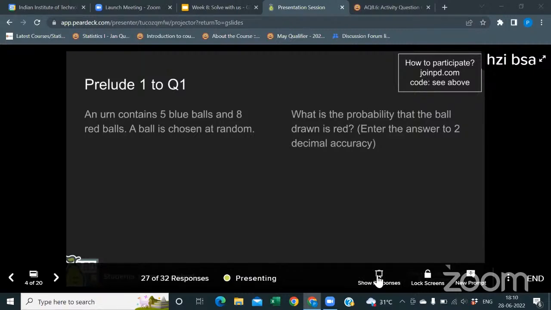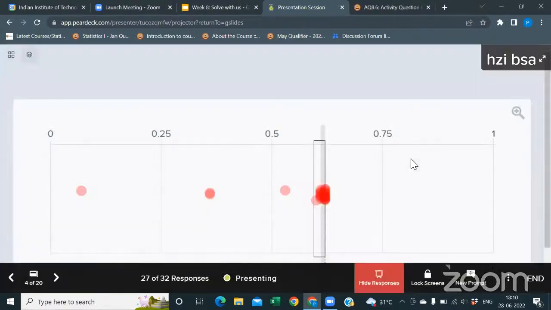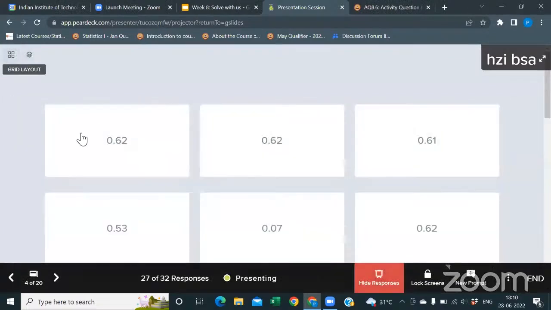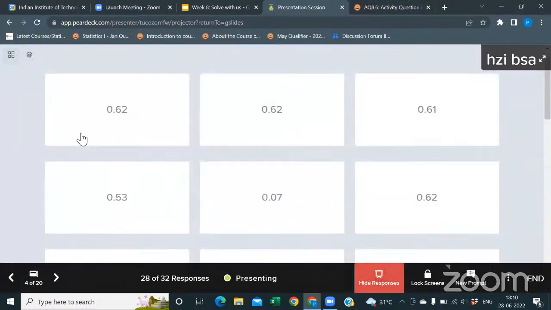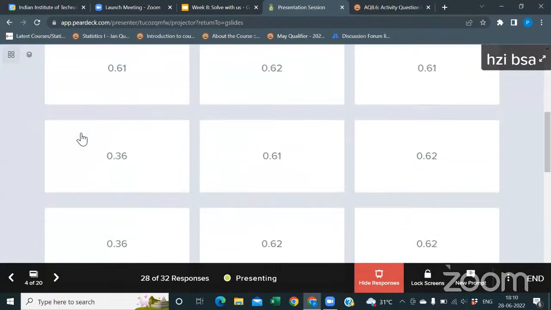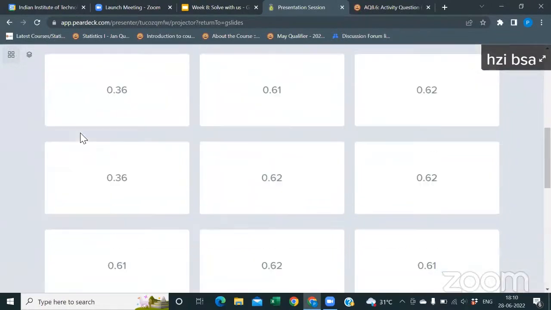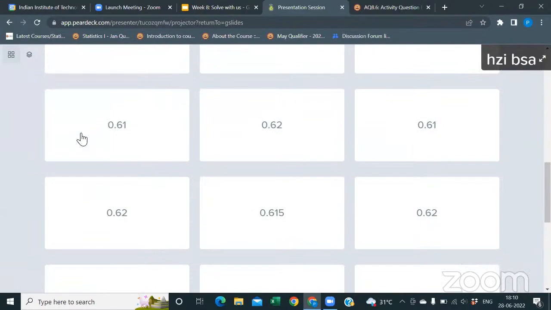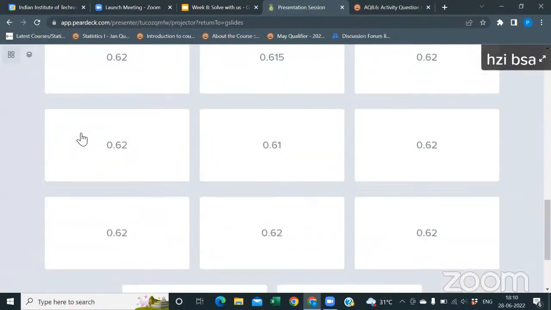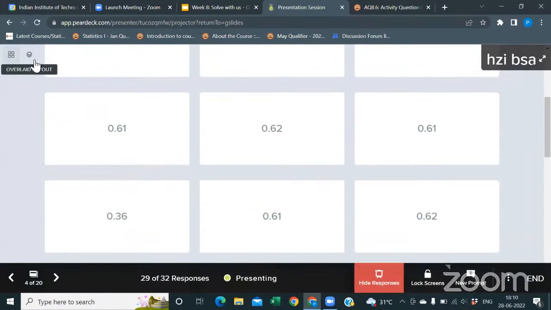Let me see the responses. 0.62, 0.61, 62, 61.07. I can see 0.36 also, 615, 61. The majority is 0.62.